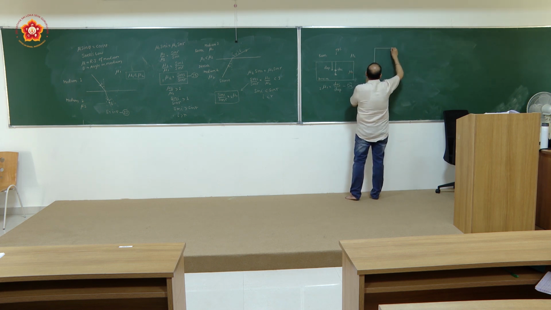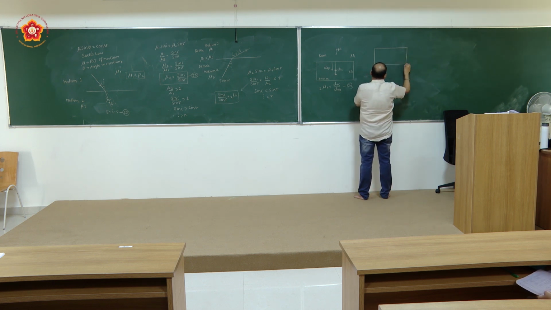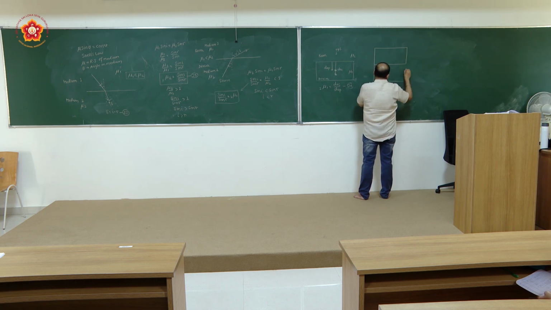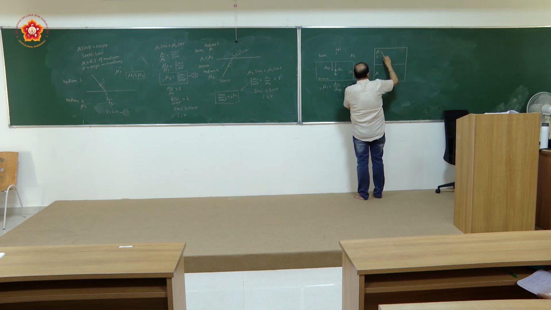Suppose you have two media here. This has refractive index mu, this has refractive index mu. The ray of light is coming from the first medium along this direction, will be incident here, then without deviation, it will move straight here. In that case, angle of incidence and angle of refraction will be equal.